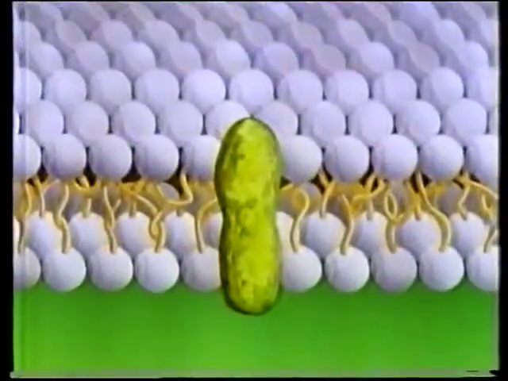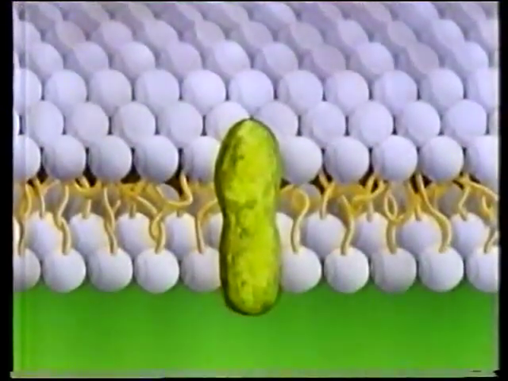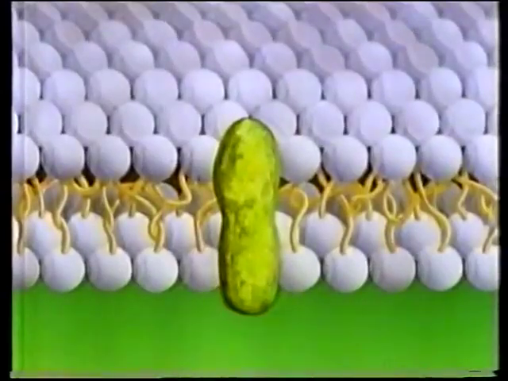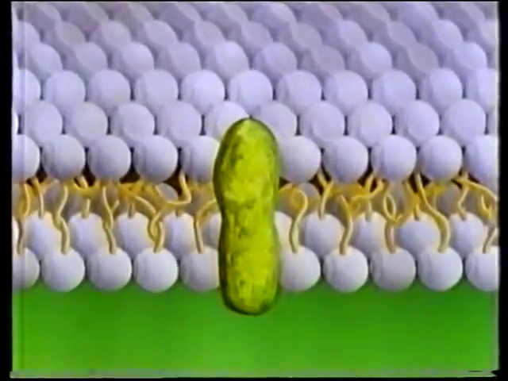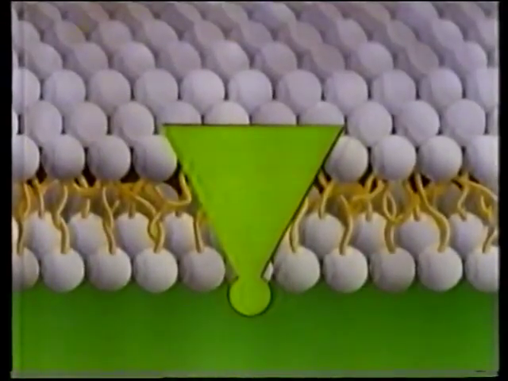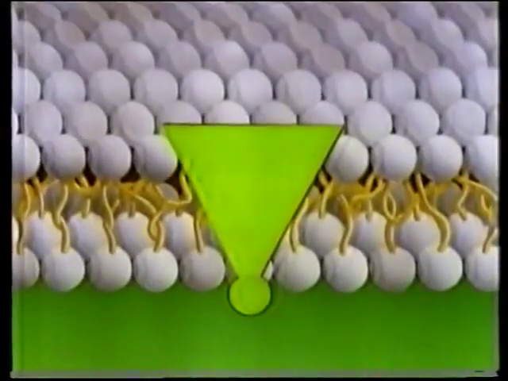But how is light collected at the molecular level? Well, we do know from many experiments that within the membrane there are structures containing protein and chlorophyll called photosynthetic units. And we know that these collect the light. Schematically, a photosynthetic unit is often represented as a triangle. The upper part of the triangle is the antenna.